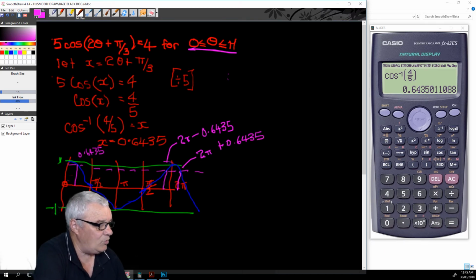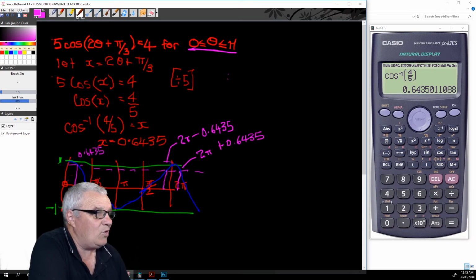And these are solutions for x, but we want a solution for theta.